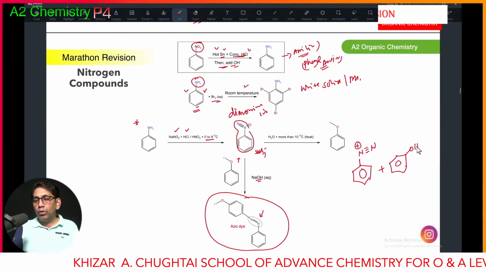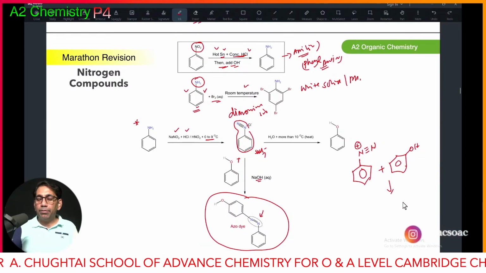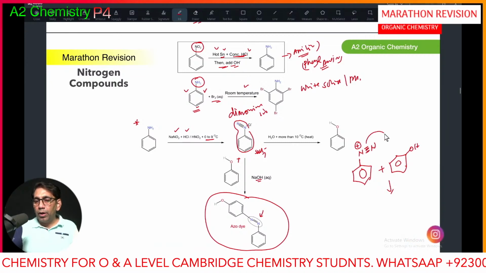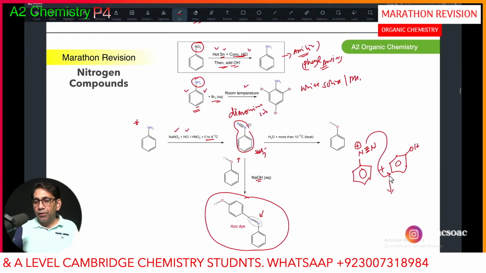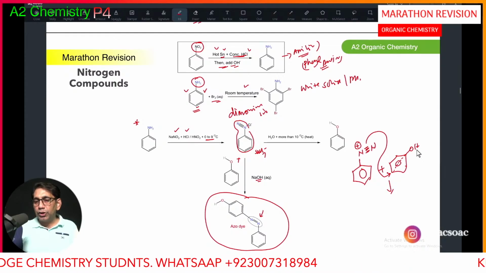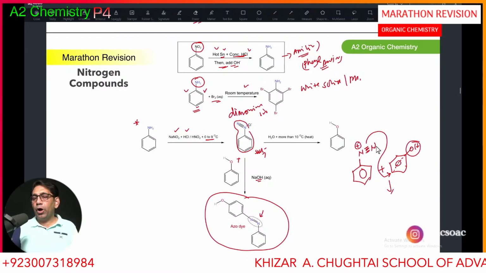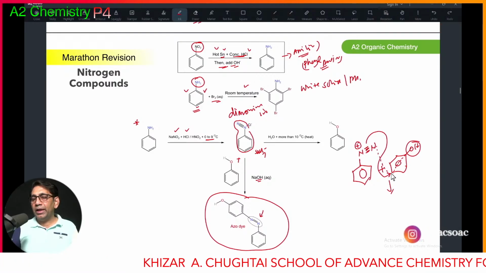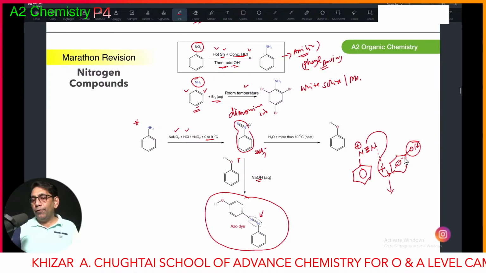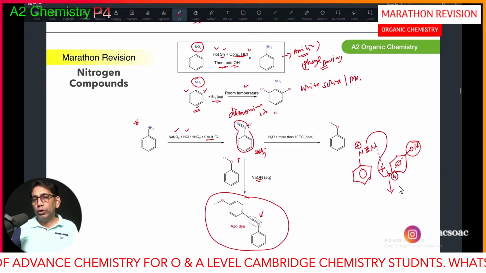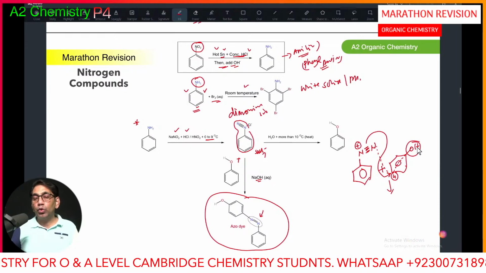So how to make the final compound? One of the triple bond will shift onto this benzene ring at the para position of OH group. You will shift this bond between this nitrogen and this carbon where there is the para position, or where there is the fourth carbon atom with respect to OH group.